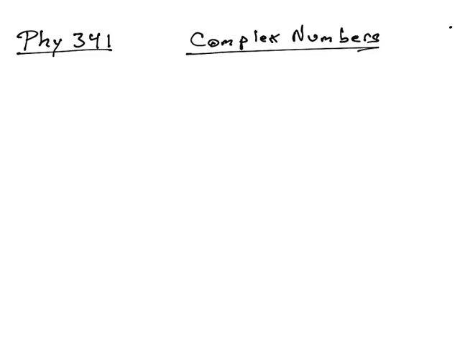All right, so with this lecture, we're going to discuss complex numbers. This is a very important aspect of mathematical physics. It's an important aspect of physics itself. A lot of useful mathematical techniques stem from complex numbers.